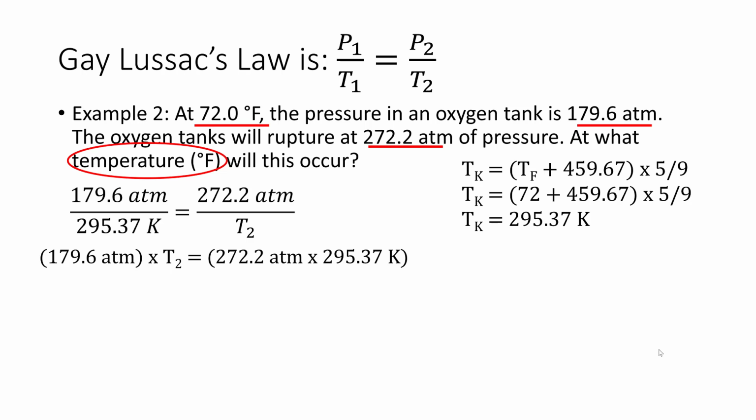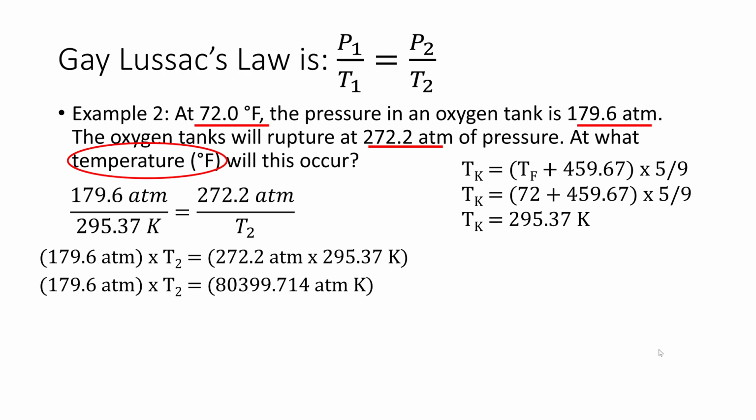So originally it was 72 degrees Fahrenheit, but we converted it into Kelvin. Okay, now I've simplified my formula a little bit for you. Right? I multiplied 272.2 times 295.37.